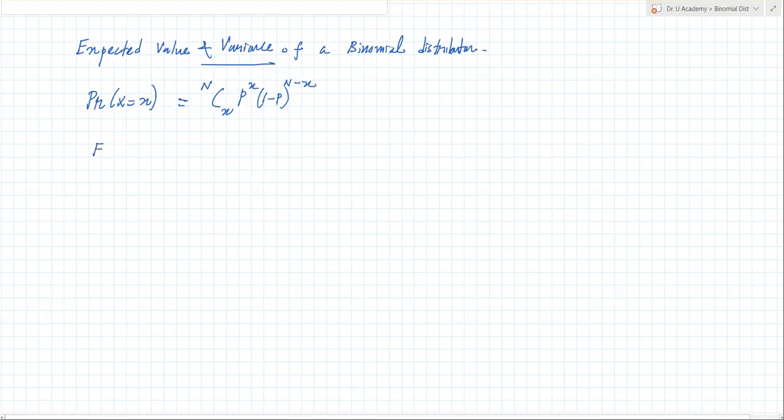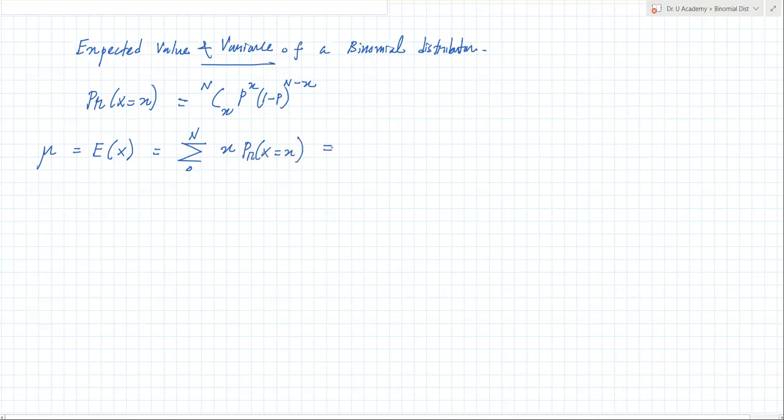So you need the mean value, or the expected value, of this binomial distribution. That would be the sum from 0 to n. n is the maximum, right? Why is it a sigma summation? Because it's a discrete one. Expected value would be x times p, probability x is equal to x.